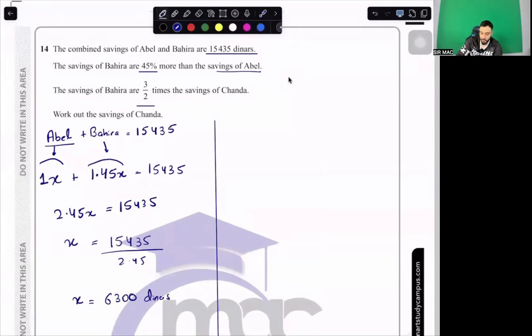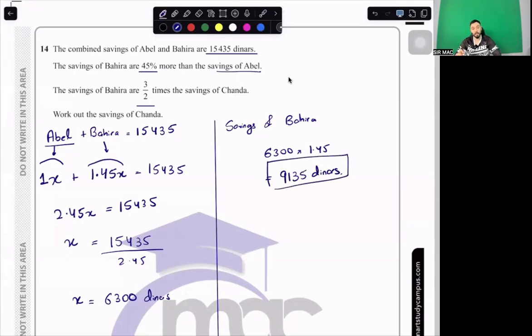So 6300 times 1.45, the total savings of Bahira that I'm getting is 9135 dinars. Now most of that is completed. That's this equation, 1 mark.